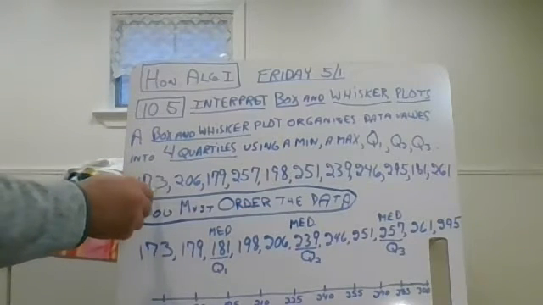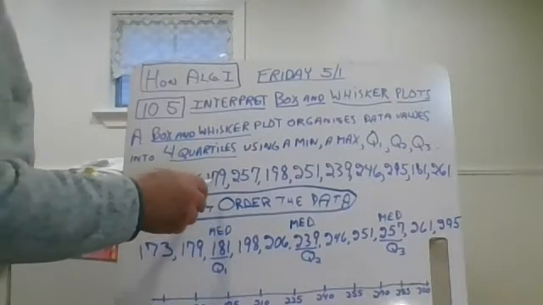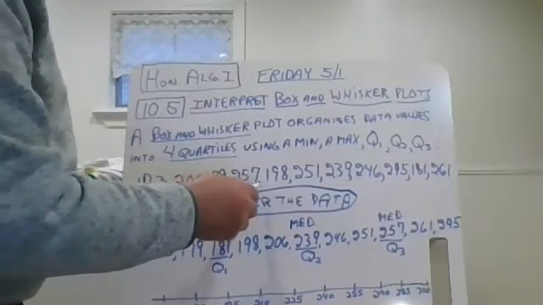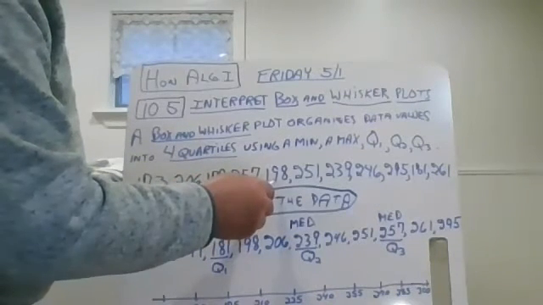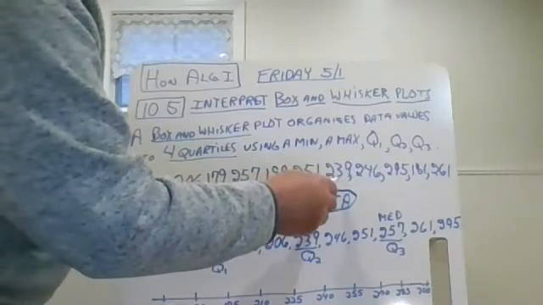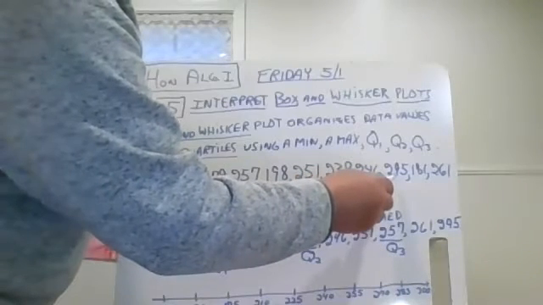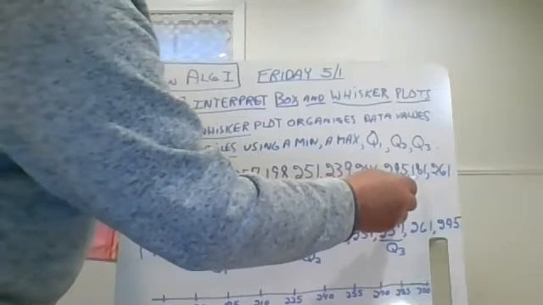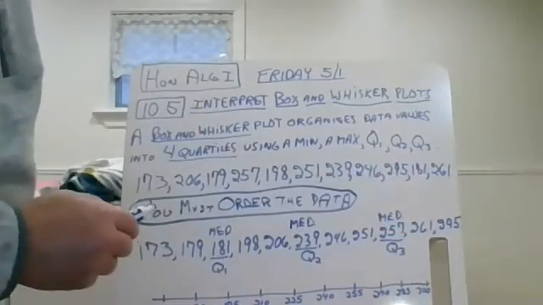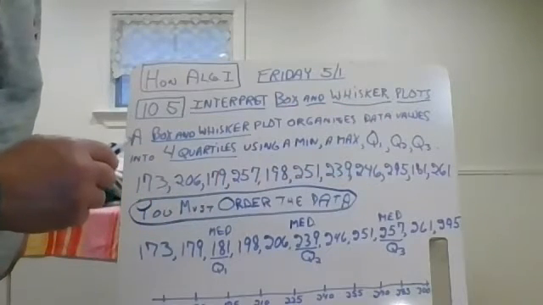So 173, 206, 179, 257, 198, 251, 239, 246, 295, 181, and 261. Now that's how the data is being given to us.